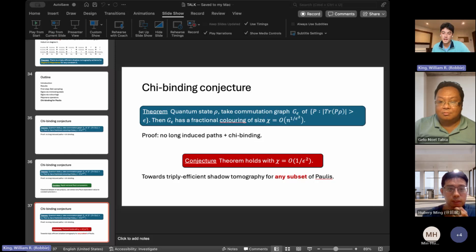Right. Once we have this coloring, we can just measure in the right basis, and we actually get more. We get the whole expectation value, including the sign, right? If I measure in the eigenbasis of an operator, that tells me the expectation value of the operator, including the sign. I see.